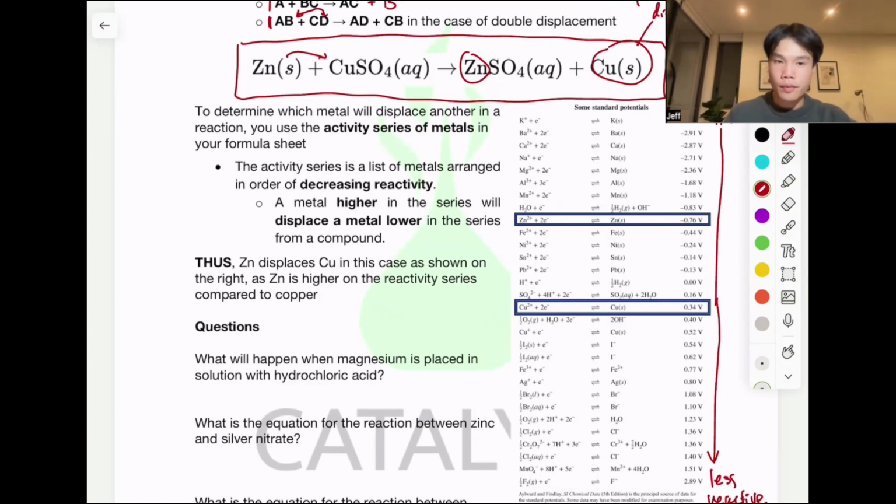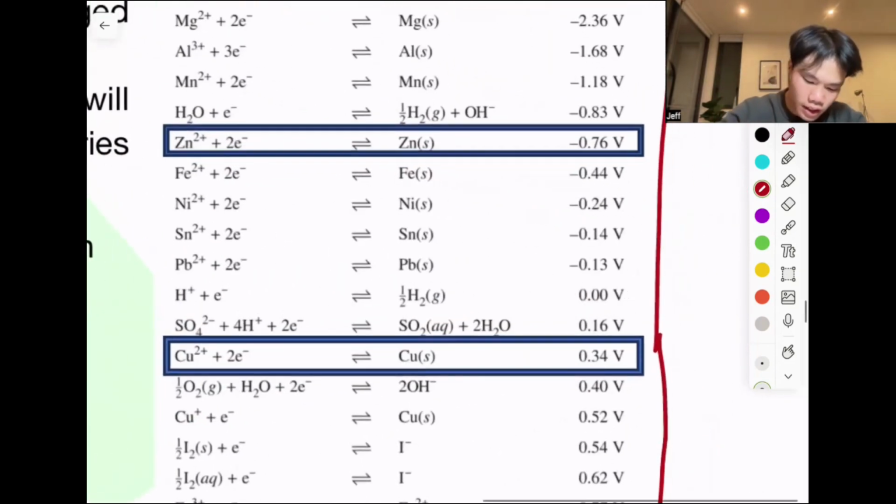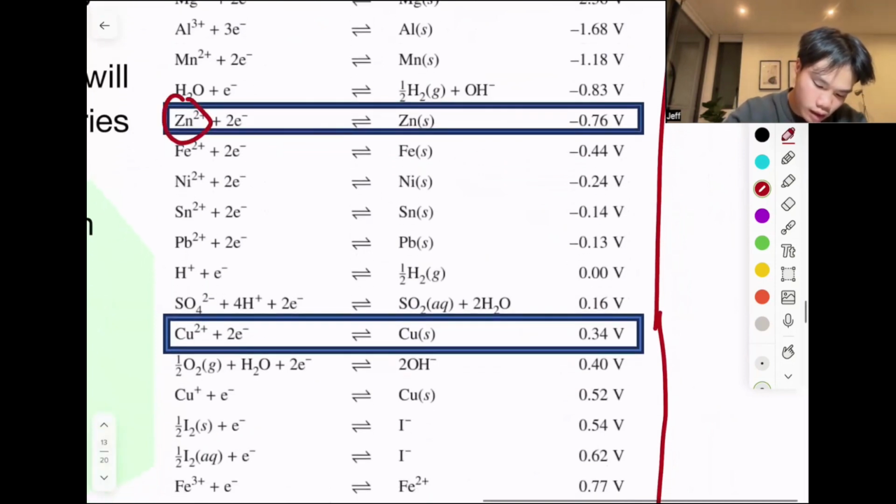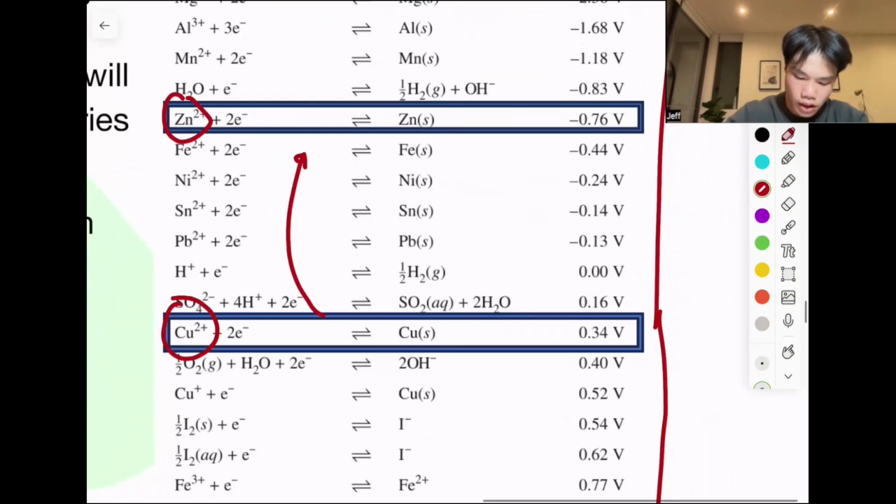So why is this important? It's because when you introduce something like zinc into copper sulfate, zinc will only displace copper if it is more reactive. So the solid you introduce will only displace if it is more reactive than what's already in that solution. So we can look at our reactivity series and we see that zinc 2+ lies well above copper 2+ in the series.